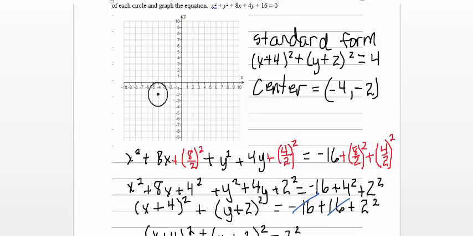We find the x coordinate by replacing x with the value that makes the expression in parentheses go to 0. We find the y coordinate of the center by replacing y with the value that makes the expression in this parenthesis go to 0. And then the radius is whatever I need to square to get the constant on the other side of the equation. So I have to square 2 to obtain 4. So my radius is 2.